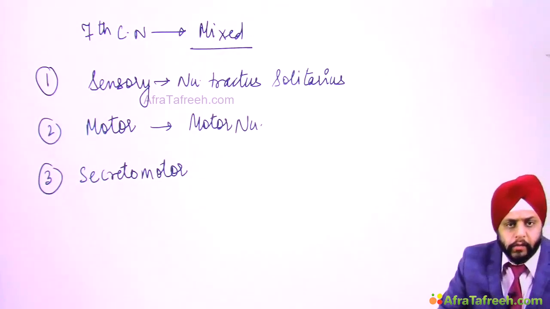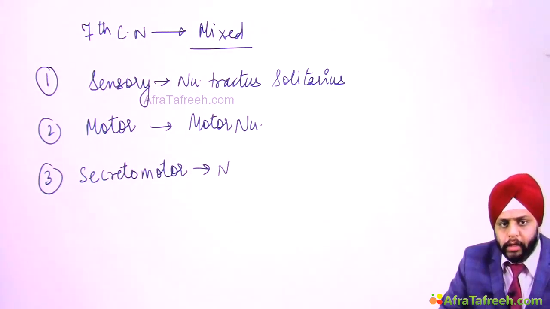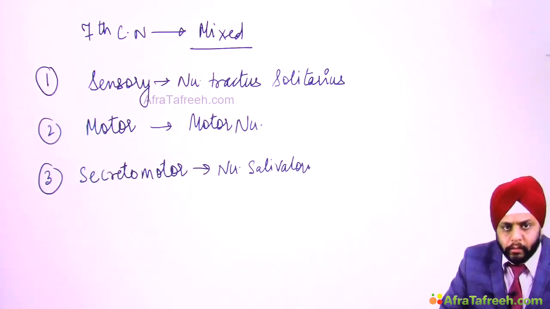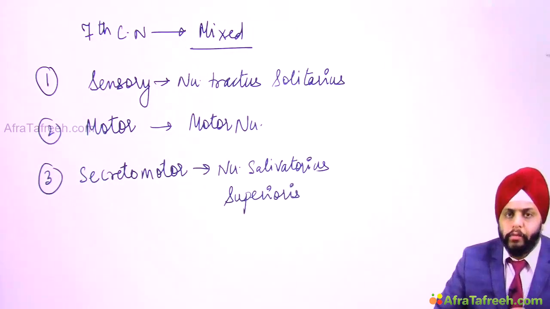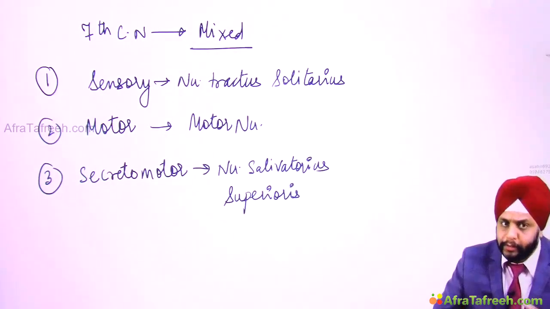Okay, and for the secretomotor function, we have the nucleus salivatorius superior. You can also call it as superioris, right? So we have these three nuclei. From here the facial nerve originates.